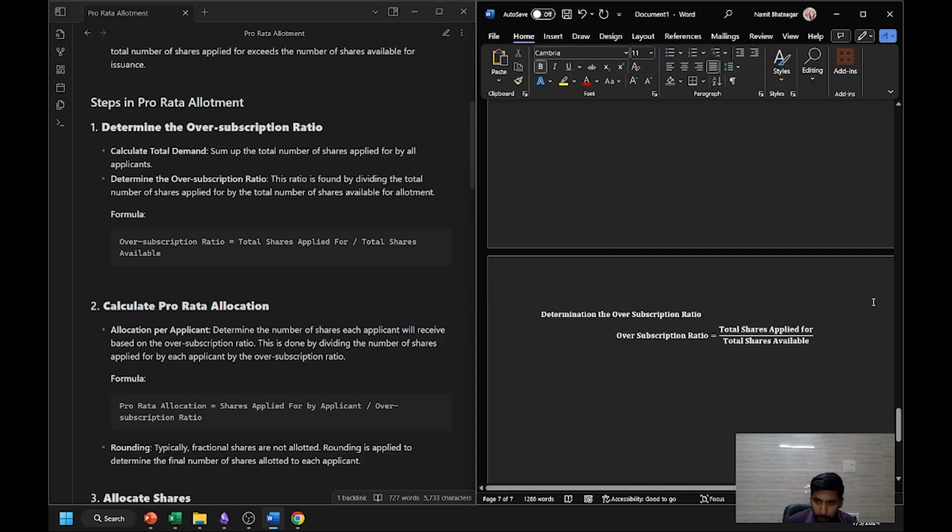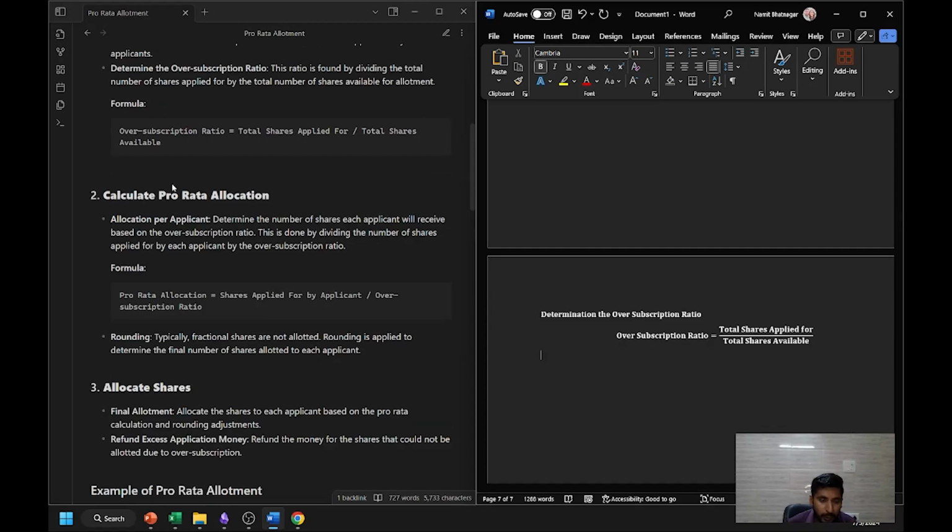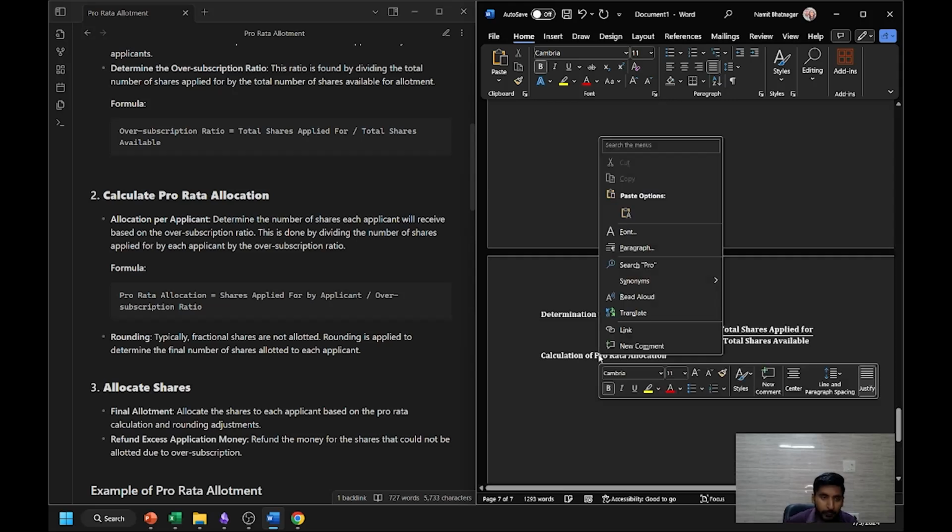Then, how do we do the pro rata allotment? We have to know the calculation of the pro rata allocation. Allocation per applicant: determine the number of shares each applicant will receive based on the oversubscription. This is done by dividing the number of shares applied for by each applicant by the oversubscription ratio. So the next step is the calculation of pro rata allocation.